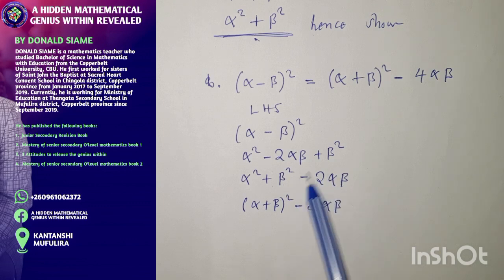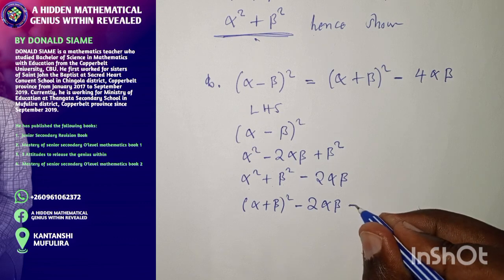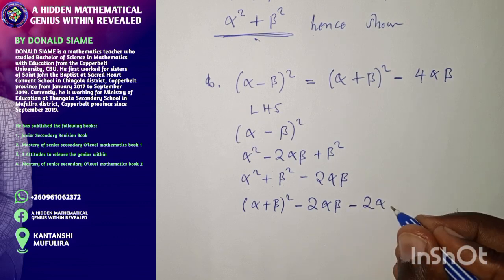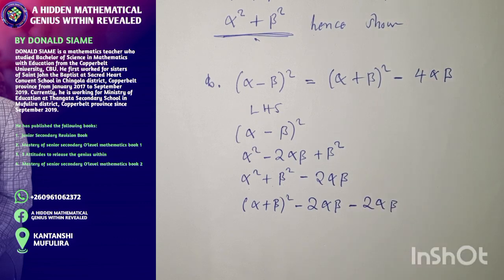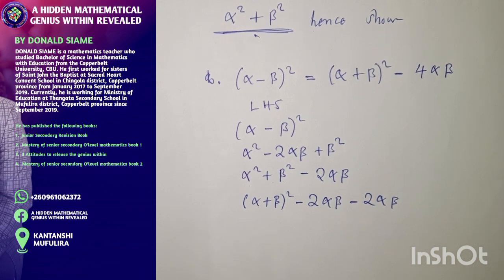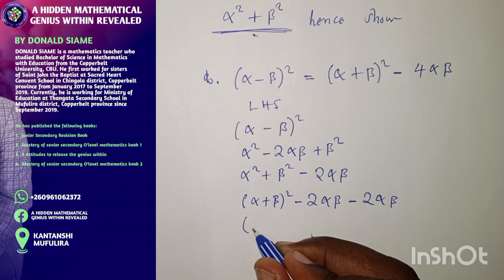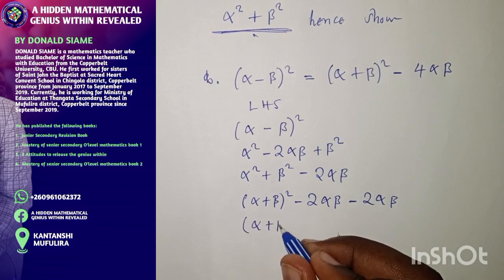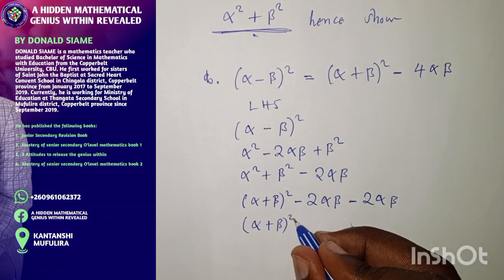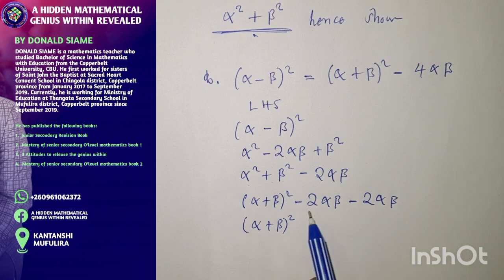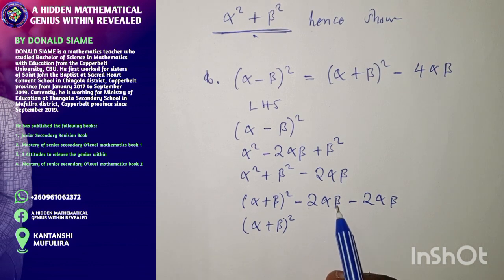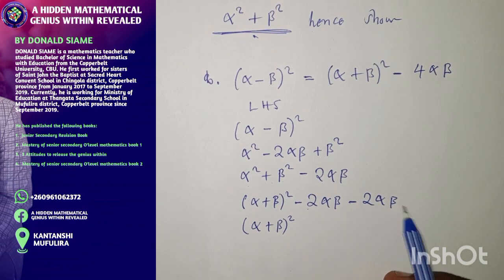Now here at the end there is minus 2 alpha beta. This one you maintain as it is: the square of alpha plus beta. Then we have minus 2 alpha beta minus 2 alpha beta.